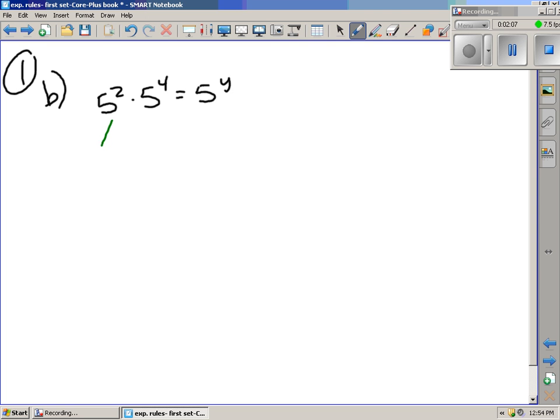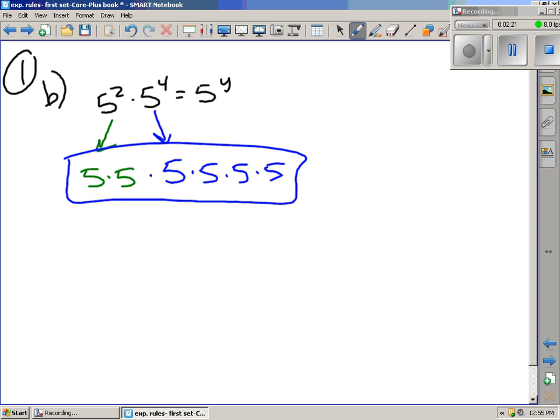In B, the base of 5 is written twice, and then it's multiplied by 5 to the 4th. In 5 to the 4th, the base of 5 is written 4 times. And in total, we have the base of 5 written 6 times. So this is 5 to the 6th. y is equal to 6.